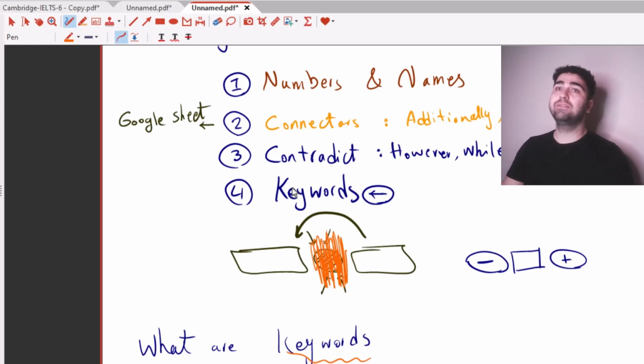Add keywords, add the things that you think will help you find information easily, to the Google Sheet, to your list of words or anything that you have in your brain. Memorize them and so on. The means you use to do this is not important for me. The fact is that you have to improve yourself time after time. If you learn from your mistakes, you're going to get to band 9.